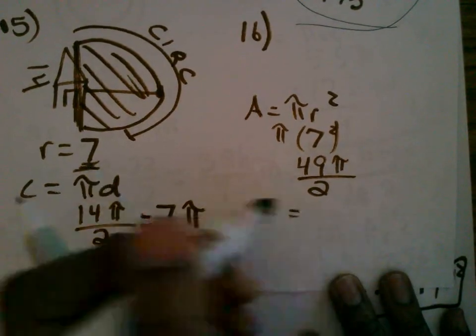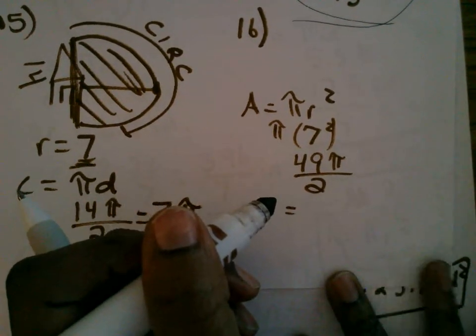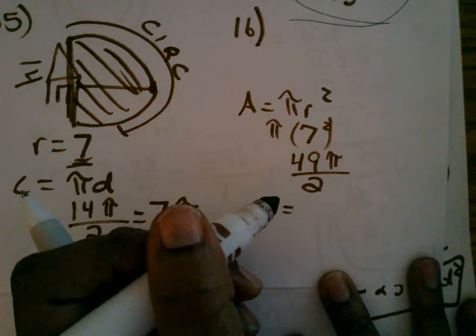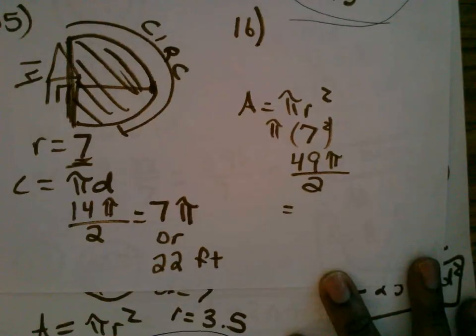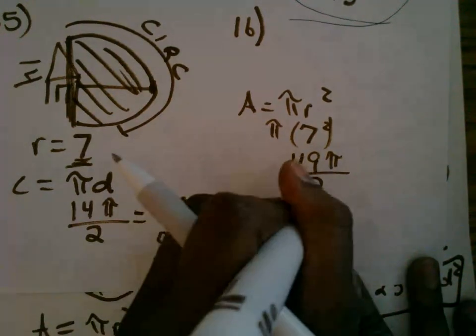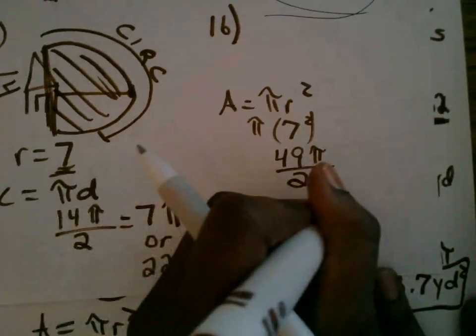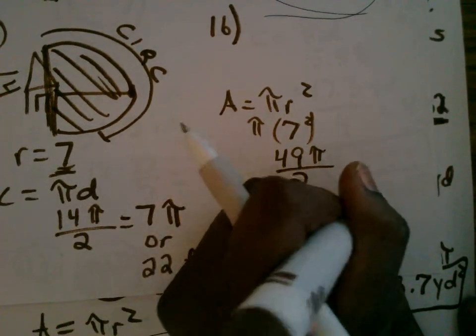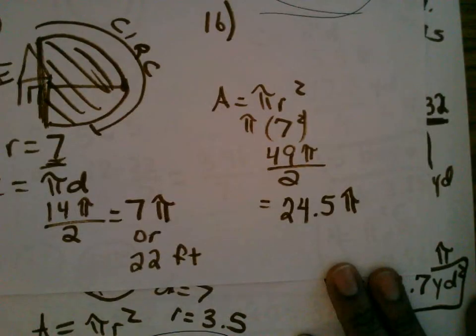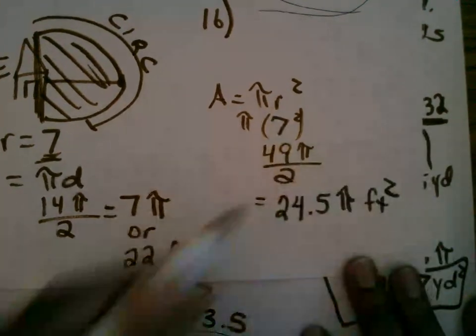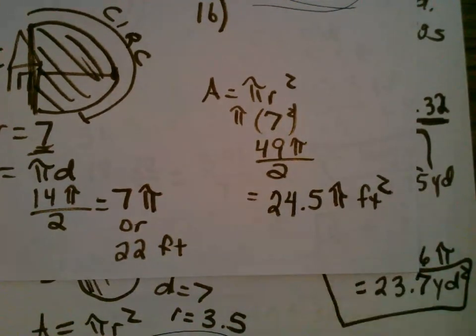So what is that? 24.5 pi feet squared. And we can stop right there.